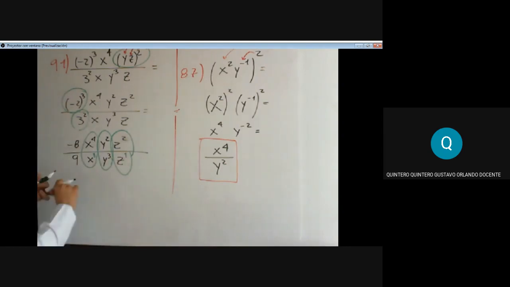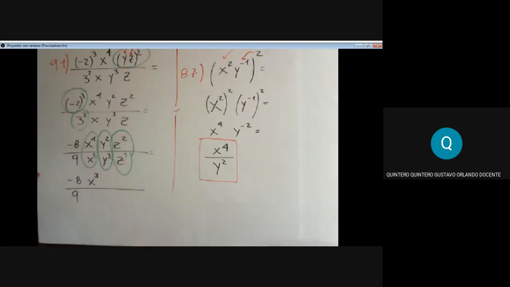So the solution for this part will be, again, a fraction. We're going to leave the negative 8 and the 9 right there. We're not going to touch them because we're not working on those in this step. What we are working on is these divisions. X to the 4 divided by x to the 1: you leave the x and subtract the exponents, so 4 minus 1 is 3.